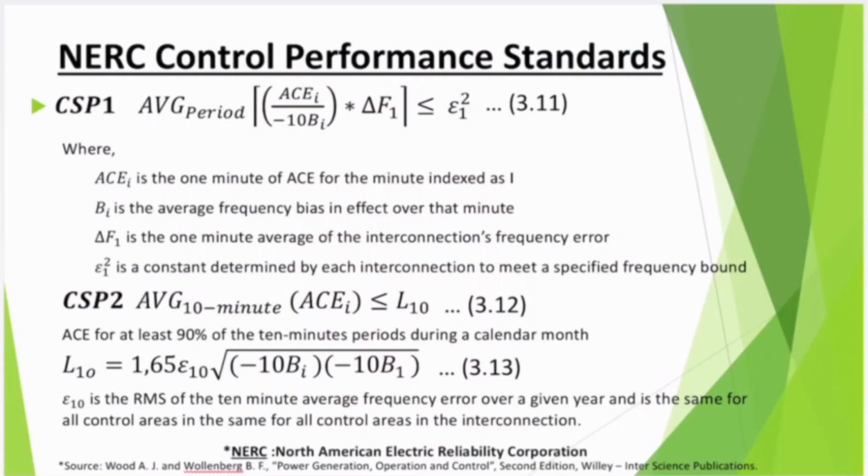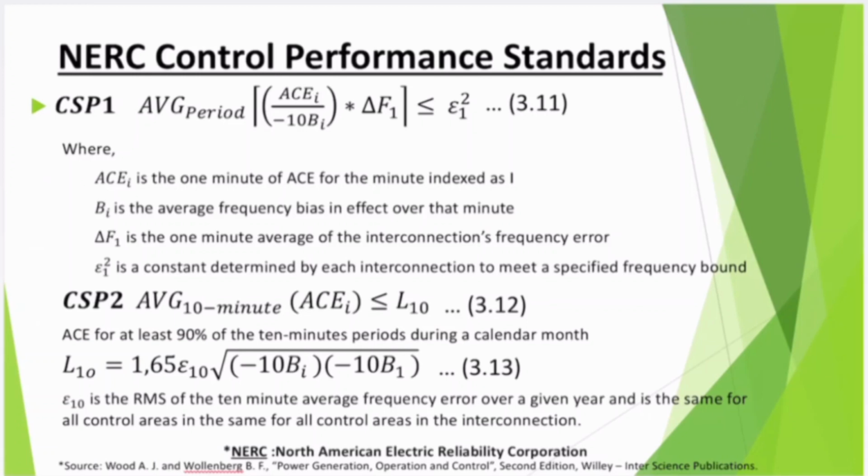Now CPS2, the previous one was the 1 minute story, now it is the 10 minute story: the average of ACE over 10 minutes must be less than or equal to L10. That means ACE must be within L10 for at least 90% of the 10-minute periods during a calendar month, which is the maximum variation allowed. L10 is 1.65 epsilon 10 times the square root of (minus 10 B_i) times (minus 10 B_s).